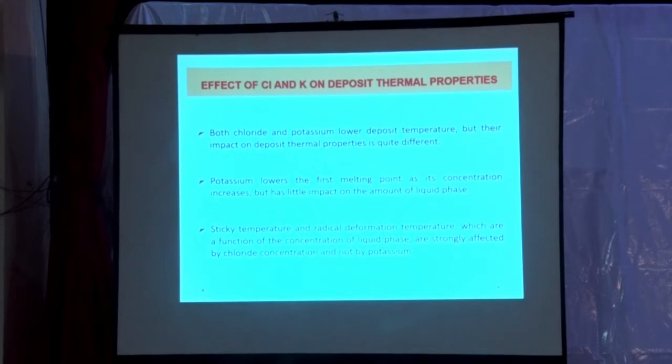And you all know, unless we reach T15, T15 meaning 15% of the powder, unless it becomes liquid, it will not deposit. So just for ash melting temperature, it will not reach T15, it will not deposit on the boiler bank or superheater. But as chloride comes into the picture, it starts decreasing the radical deformation temperature, the sticky temperature.